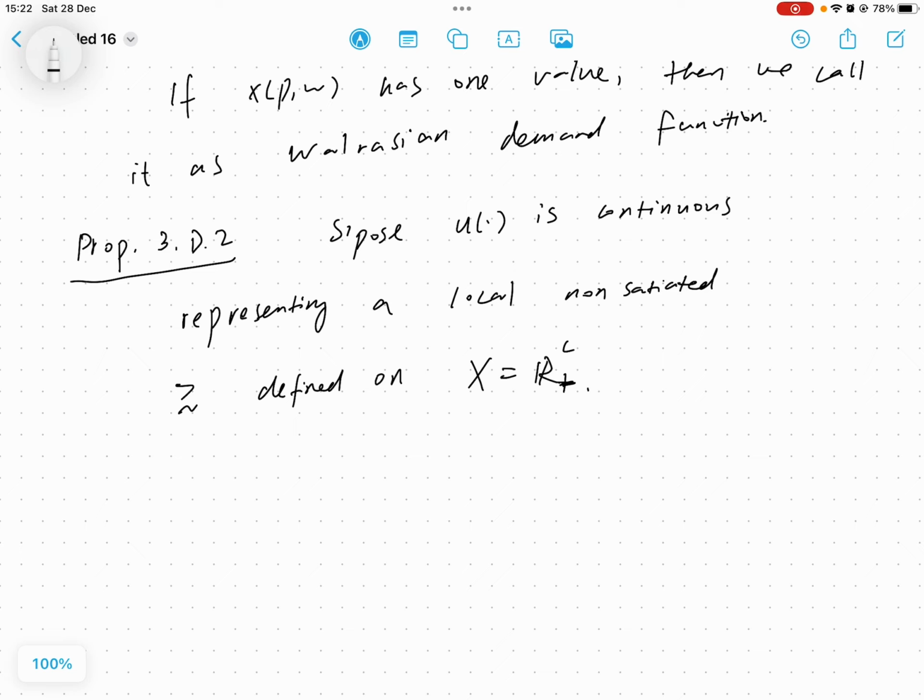It is also important to notice that if you can recall those properties for the preference relation, including continuity, convexity, local non-satiation or monotonicity, the reason that we spend a lot of time to discuss those properties is that in describing those solutions, we might need those important properties from the preference relations.